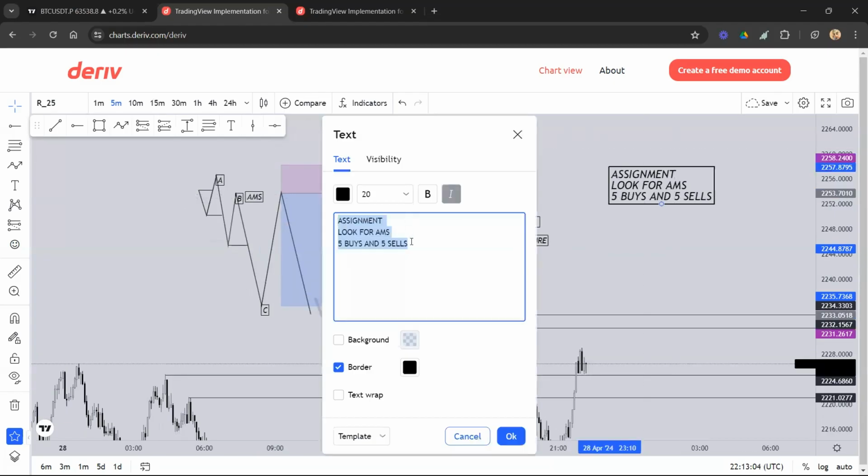But the pairs I have in my synthetic are just Boom, Crash, Jump 10, Jump 25. Do you have TradingView for the rate? I'm going to send you TradingView for the rate. I know you may not be able to save your drawing.